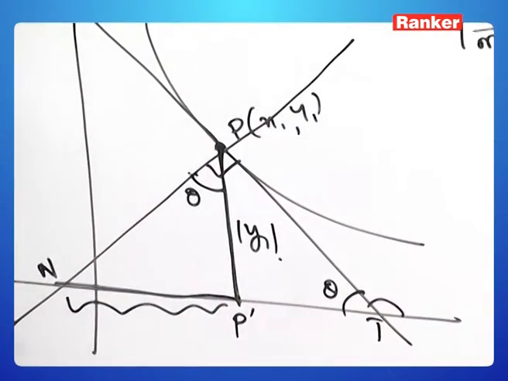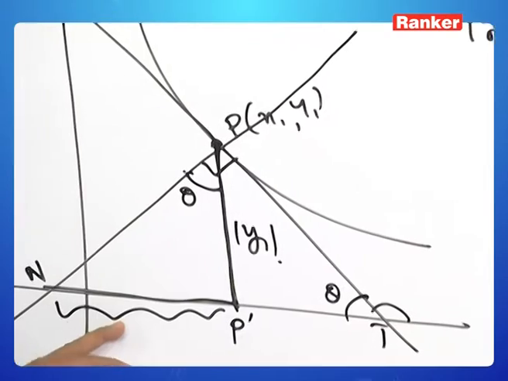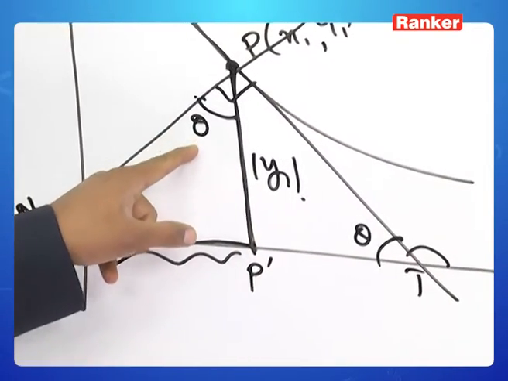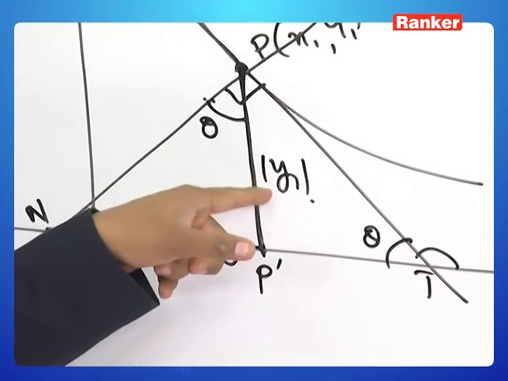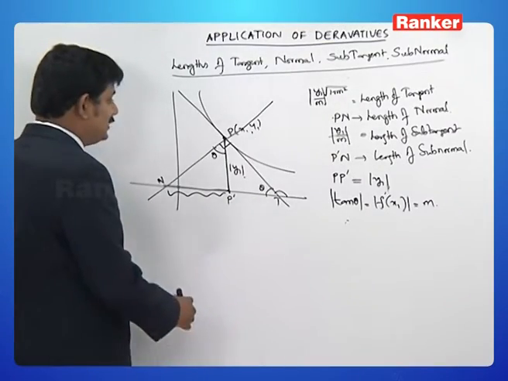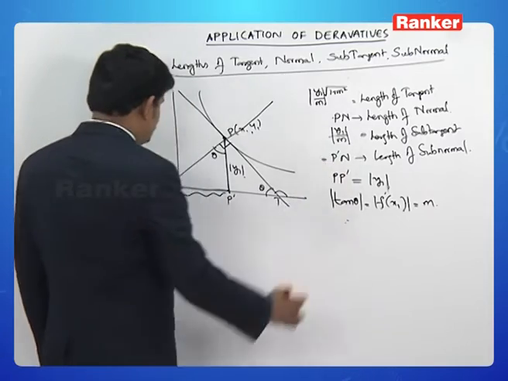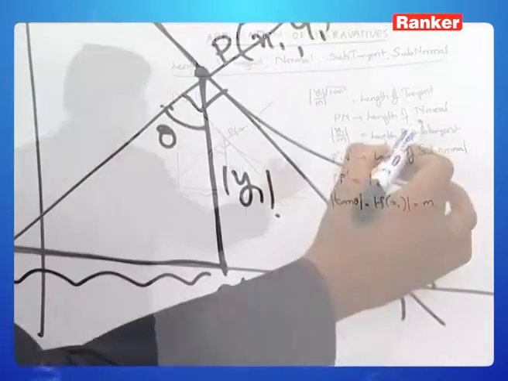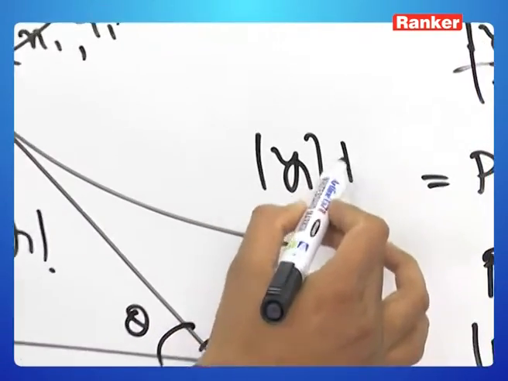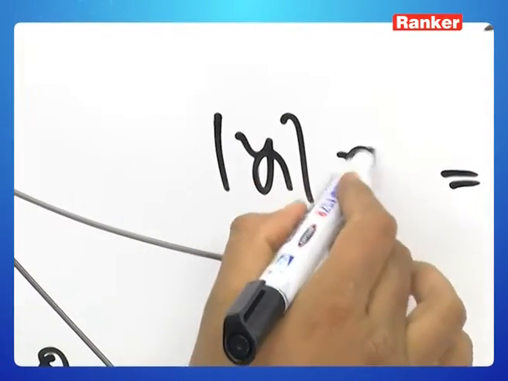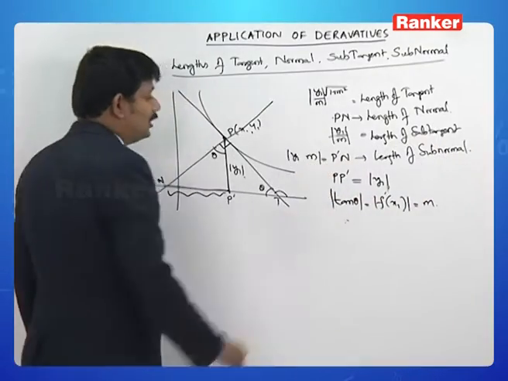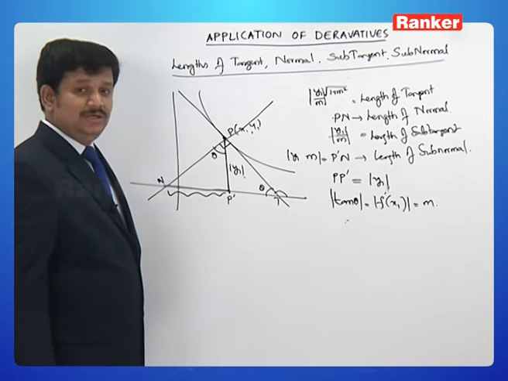P dash N, opposite side by adjacent side, we know it is tan theta. So tan theta is P dash N divided by mod y1, or P dash N is equal to mod y1 into tan theta. Tan theta we called m in this case. So it is mod y1 into m.